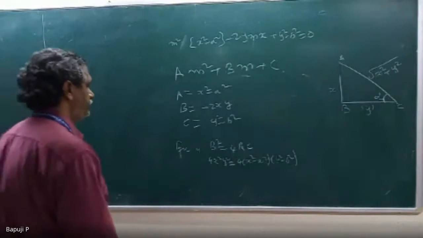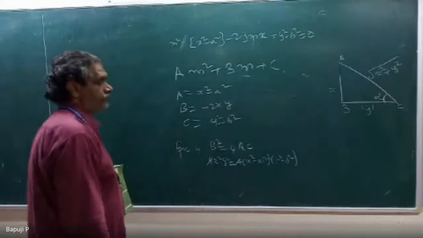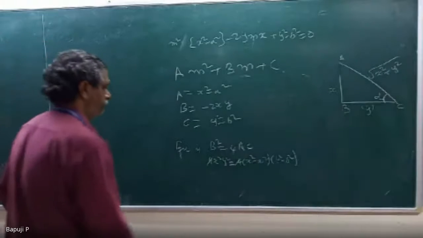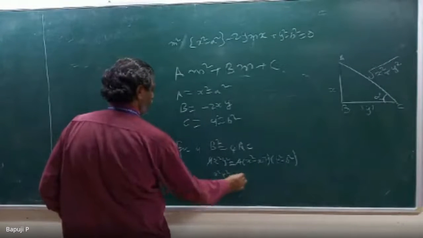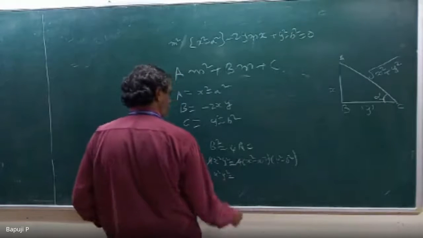Then simplify. The x²y² terms also cancel, I think. Simplifying, we get x²/a² + y²/b² = 1.